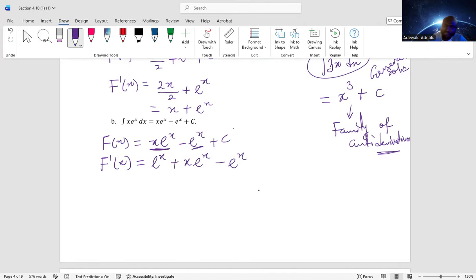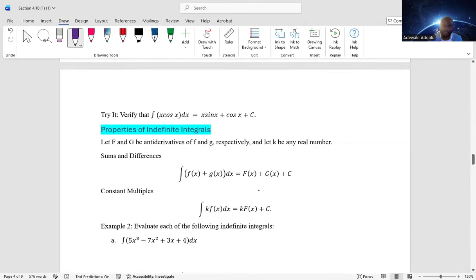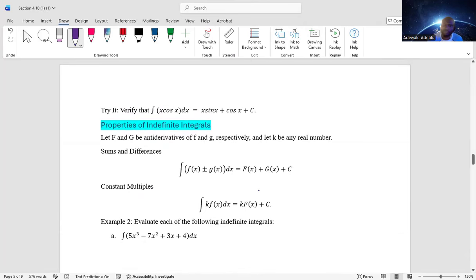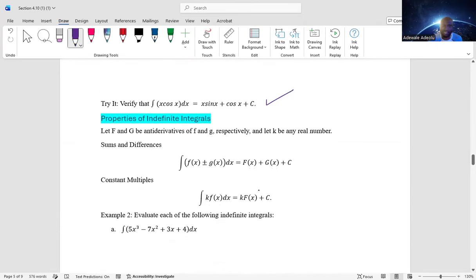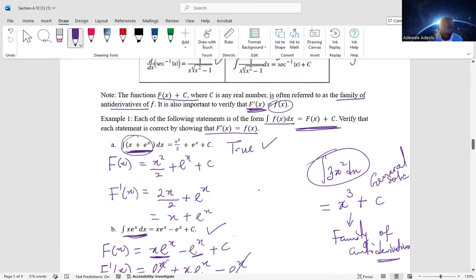The derivative of c is 0. So this will take care of this, and I will have x e to the x, which is the same thing we have over there. So truly, this is the antiderivative of that function, x e to the x. I will just leave you to verify this last one.